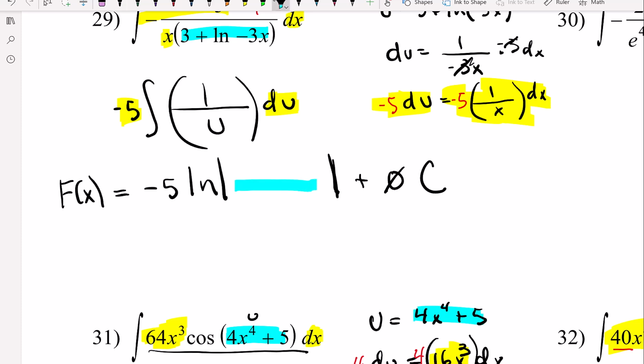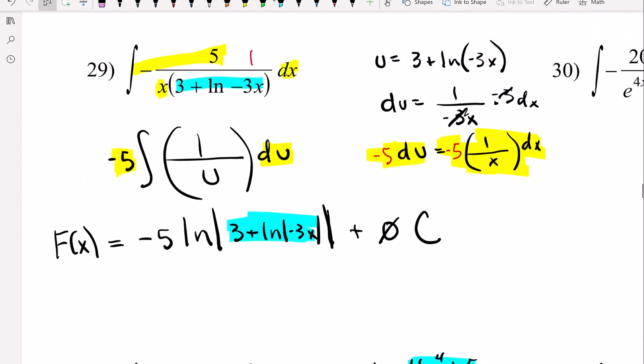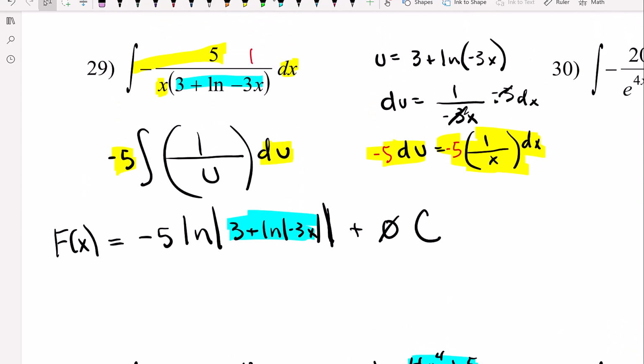But remember, all of this in here is the u, and the original u is 3 plus ln, also another absolute value. So it's not like there's a lot of steps. It's just getting your brain to think about what's happening. And whenever you have 1 over a u, the antiderivative is going to be the natural log, right?